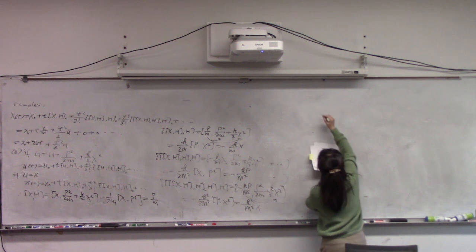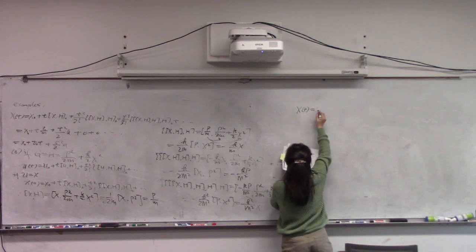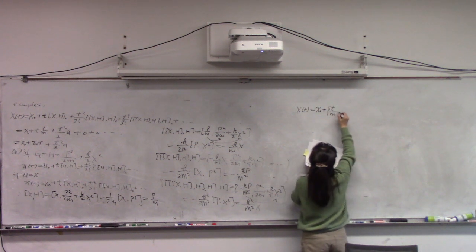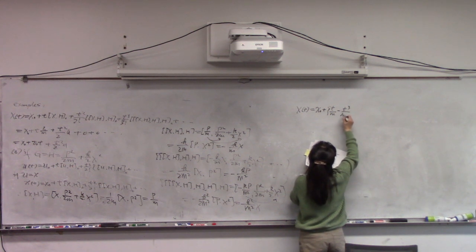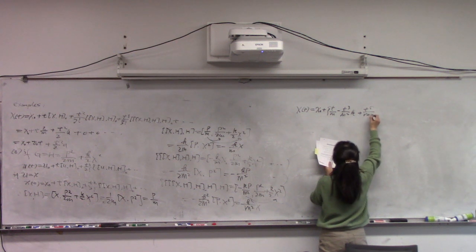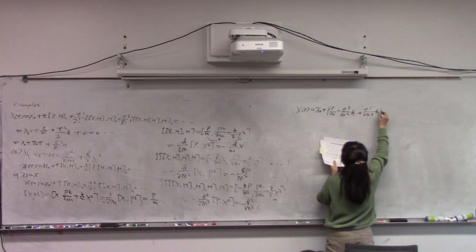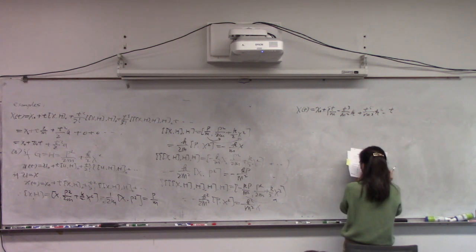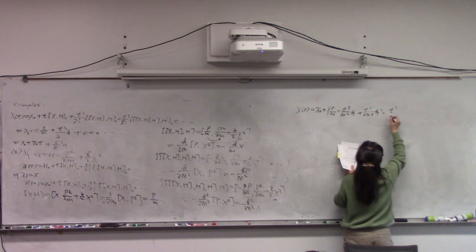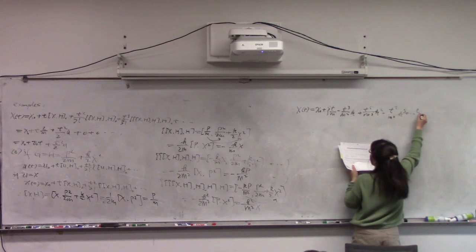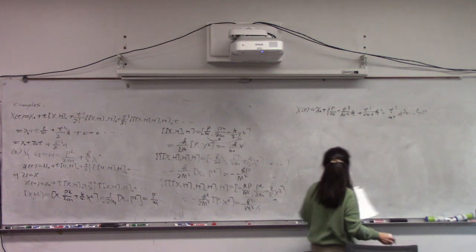So the final x of t is x naught plus t over m p, minus t cubed over m squared k p, plus t to the fifth power over m to the fourth k squared p, minus t to the seventh power, and so on. We take out p, that is for p.